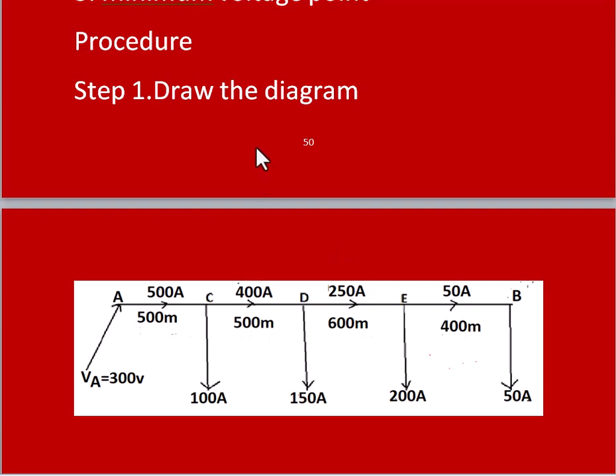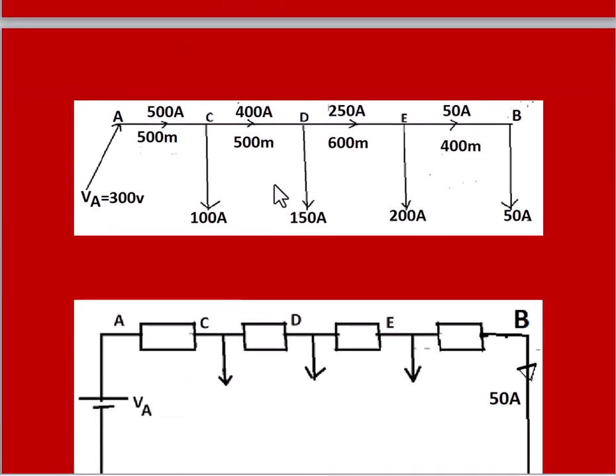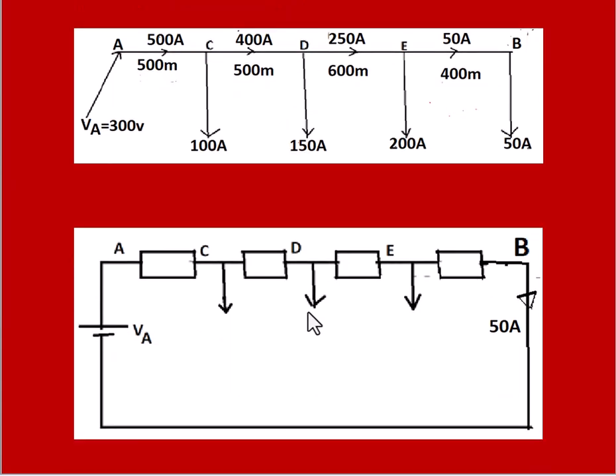This is drawing the diagram as per the data. Next, this can also be drawn like this as a closed circuit to find the voltages at various points in the circuit.